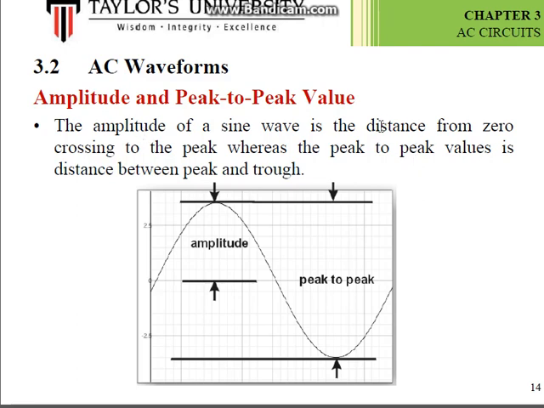Amplitude is the distance from zero crossing to peak. This is zero, and the top part here is what we call the amplitude. If this is 0 and let's say this is 3 volt, your amplitude is 3 volt.